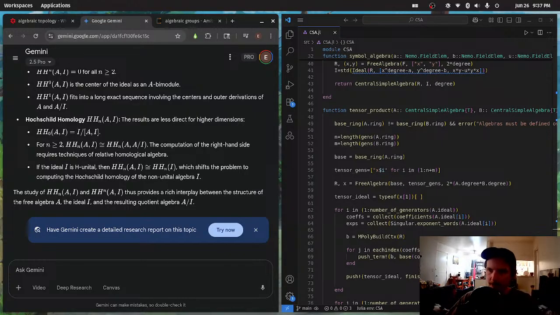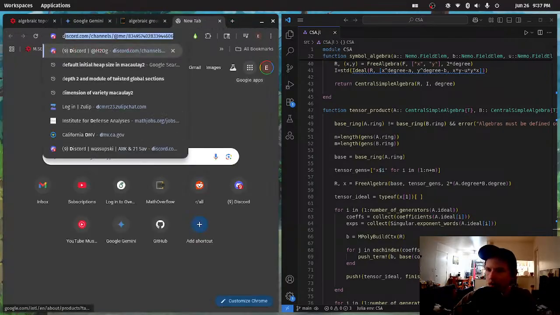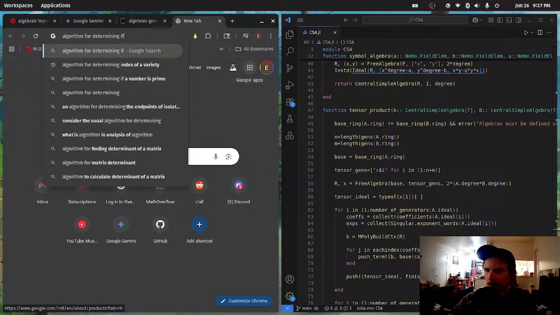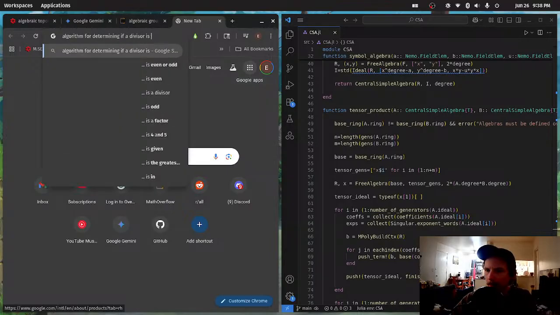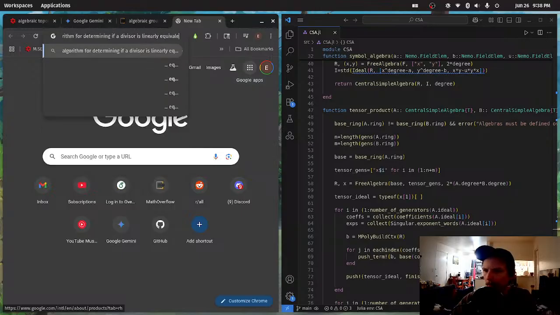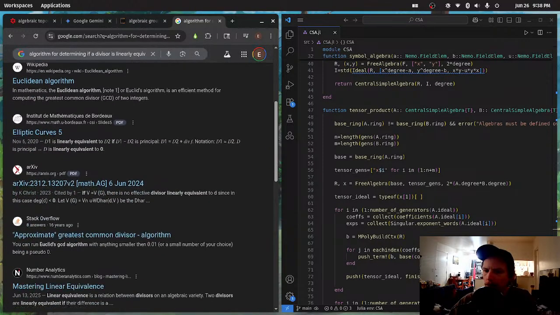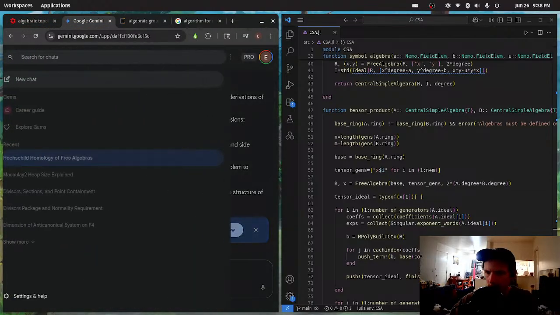I think there's an algorithm for doing this for divisors. So if you have a divisor, then there's an algorithm for determining if there's a linear equivalence with 0. So maybe we just ask Gemini this too.